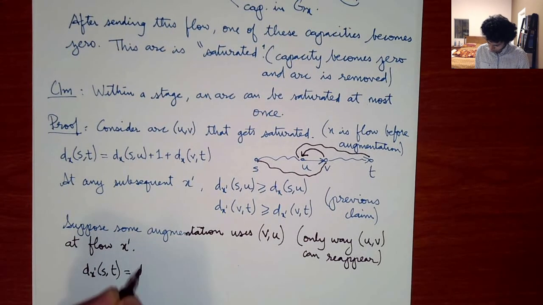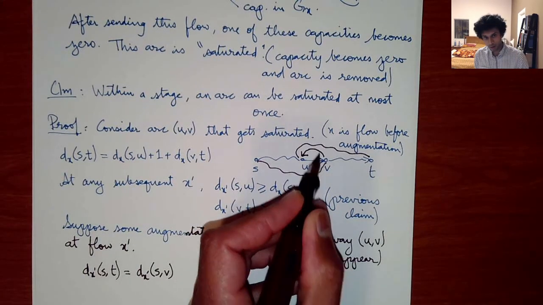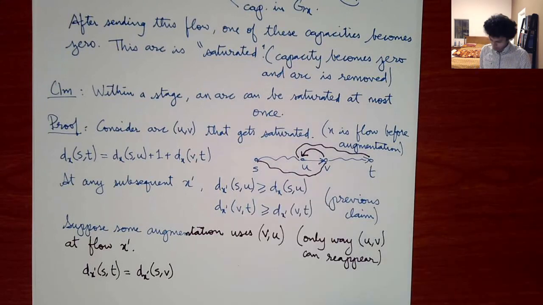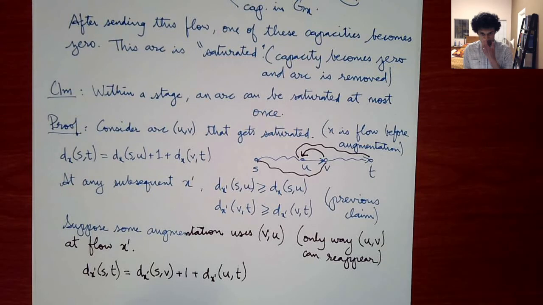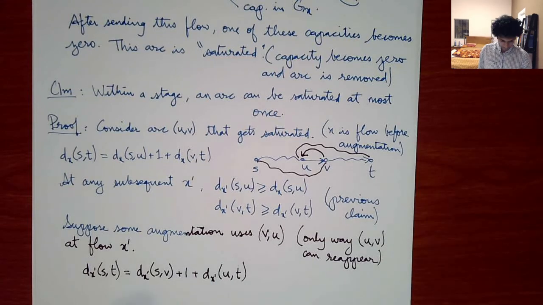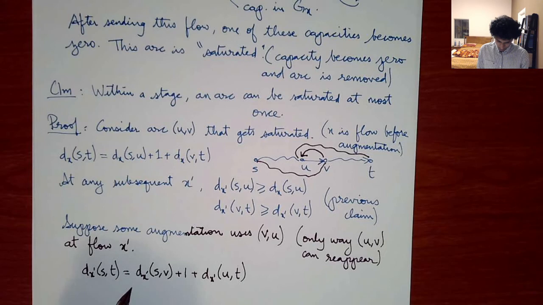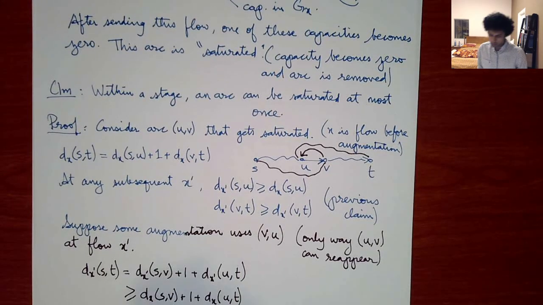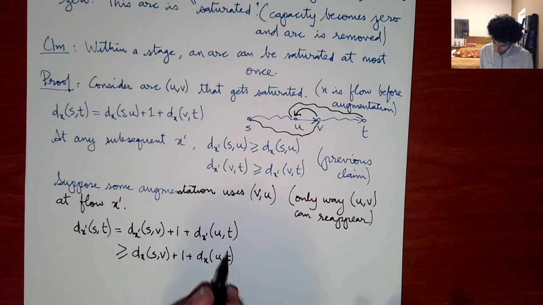Well, this is S to V, because it's going in the opposite direction, V to U to T, plus 1 plus dx prime of U to T. Now this, by the monotonicity condition, I can replace the x primes by the x's.